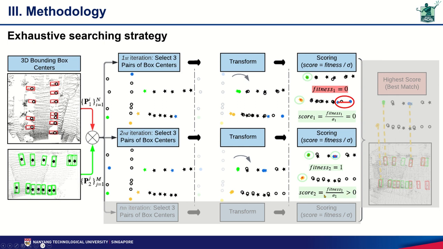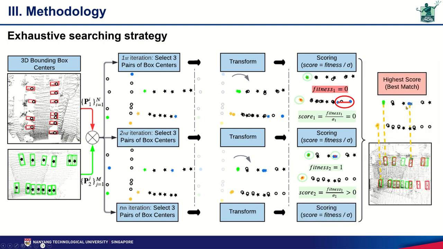Then we calculate the score as shown here. If the RMSE is large, the score will be lower. If the RMSE is lower, the score will be higher. Then we continue this step until we have gone through all the combinations. And finally, we find the highest score, and that one is the best match.